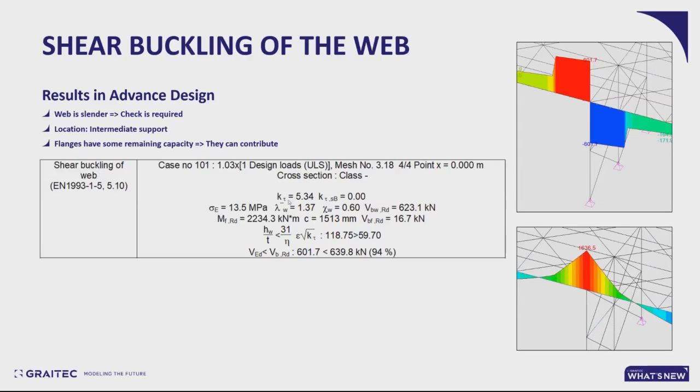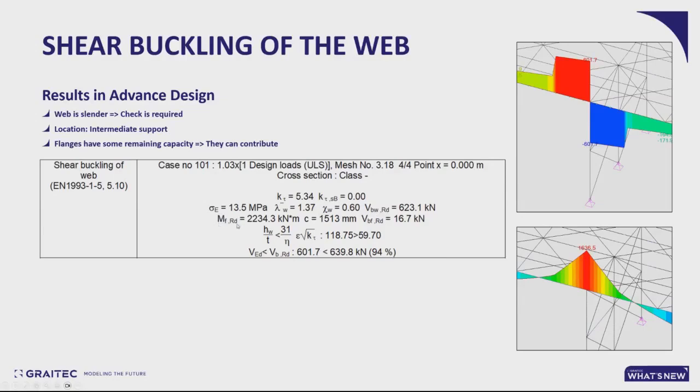The K2 coefficient is computed depending on the spacing between the stiffeners. You combine the K2 with the sigma stress, and that gives us the relative slenderness of the web, lambda. And with this lambda, you can read the kappa W buckling coefficient from the table. And that gives us the contribution from the web.